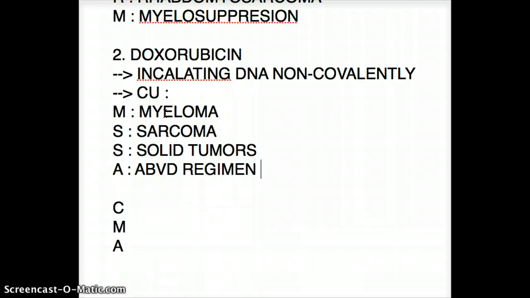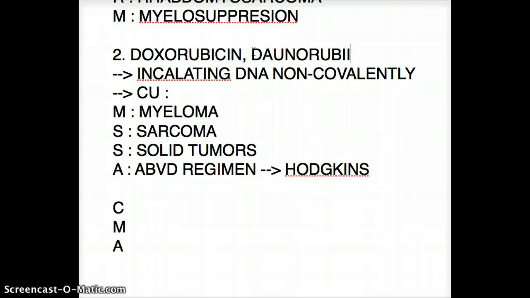What kind of regimen is that? The ABVD regimen is the regimen for Hodgkin's lymphoma. These are the clinical uses of doxorubicin or daunorubicin. I'm sorry, I didn't mention daunorubicin.